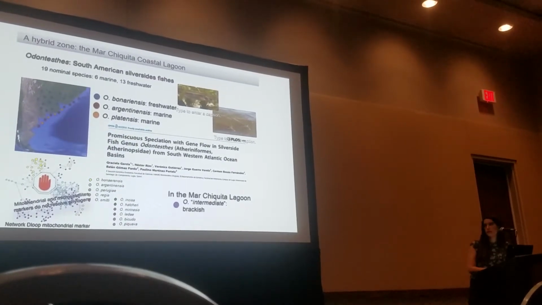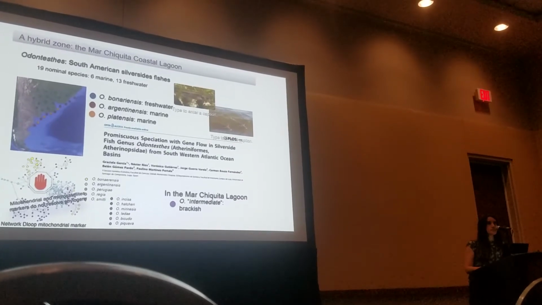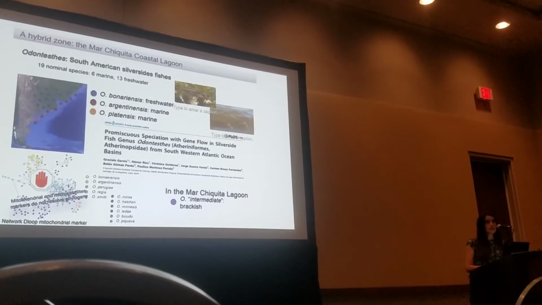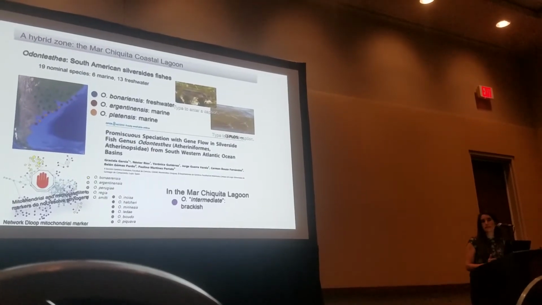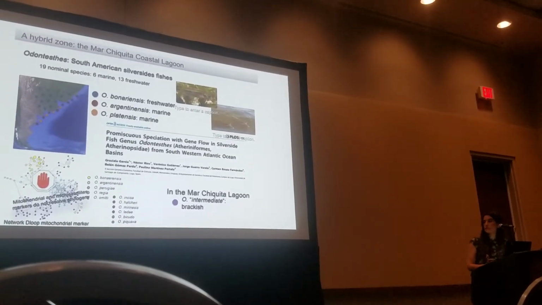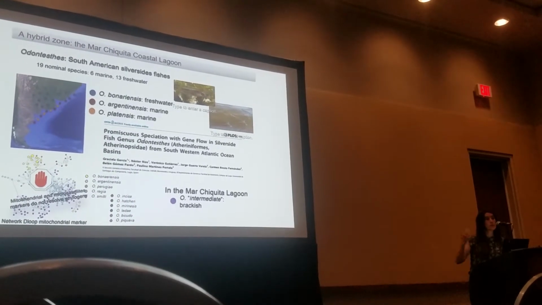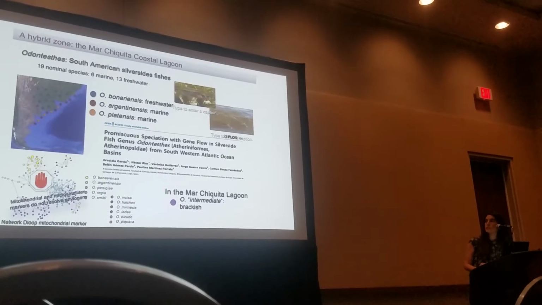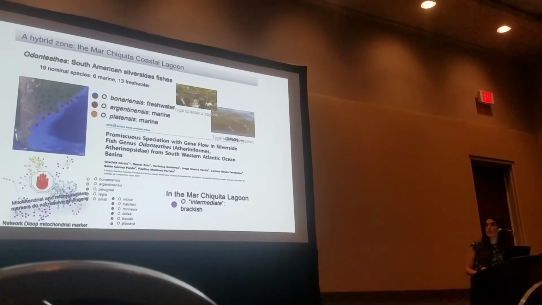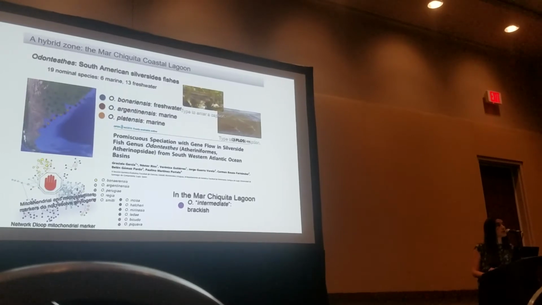So to be a little more complicated, in Mar Chiquita lagoon, we can find intermediate individuals. These are intermediate because they have some morphological characteristics of bonaerensis, the freshwater species, and other morphological characteristics of argentinensis, one of the marine species.